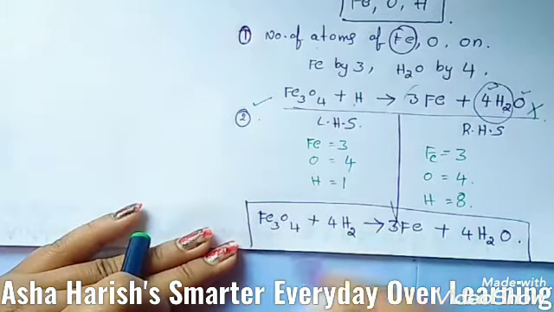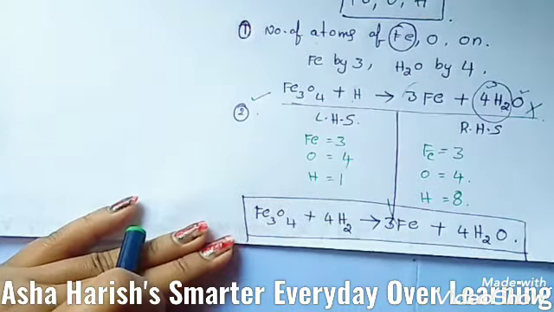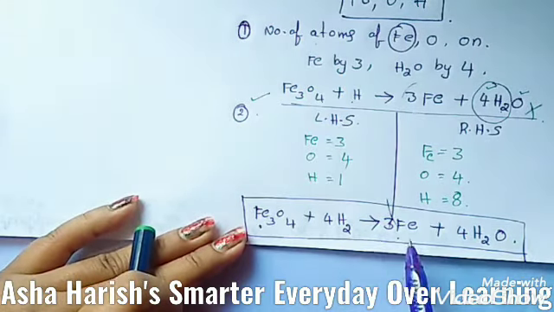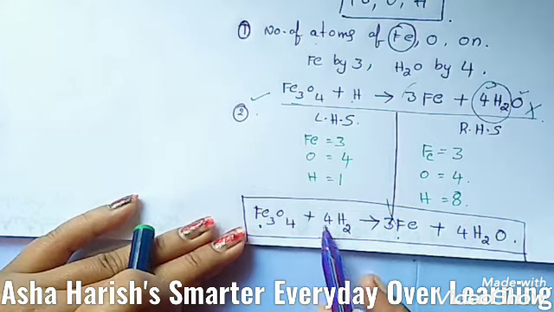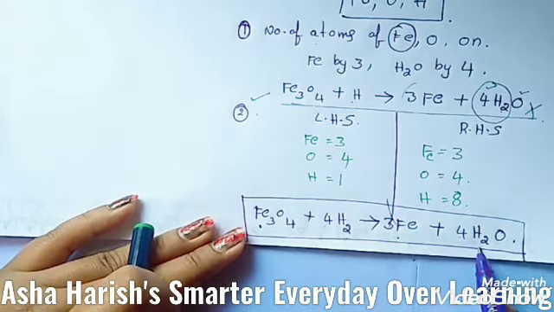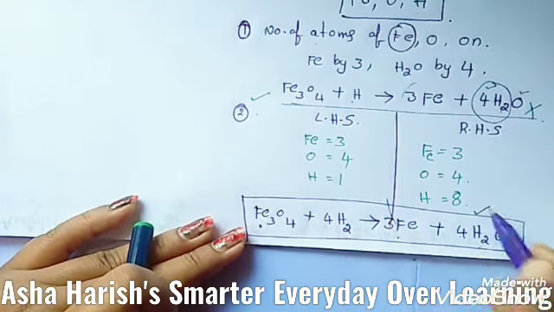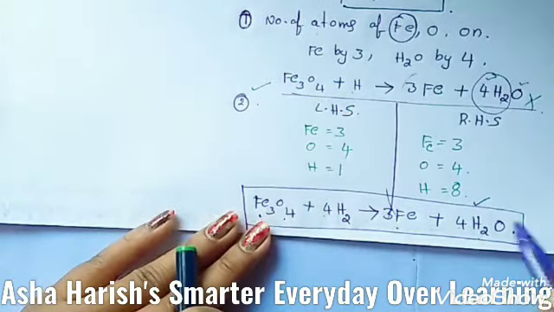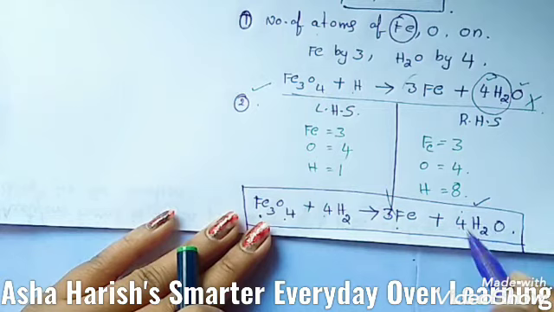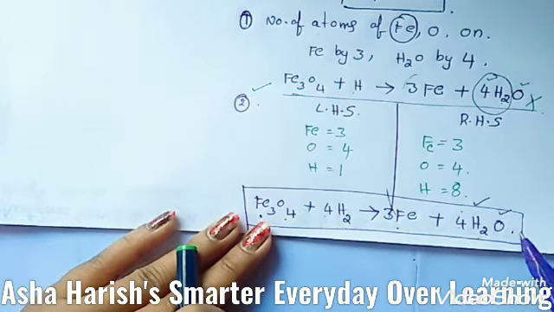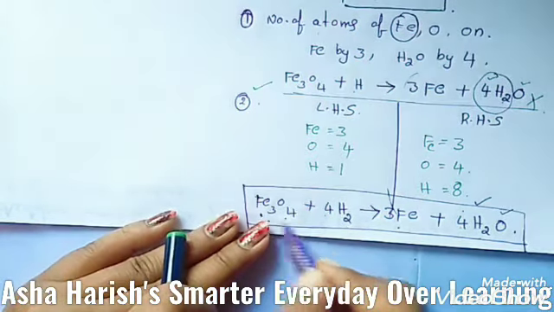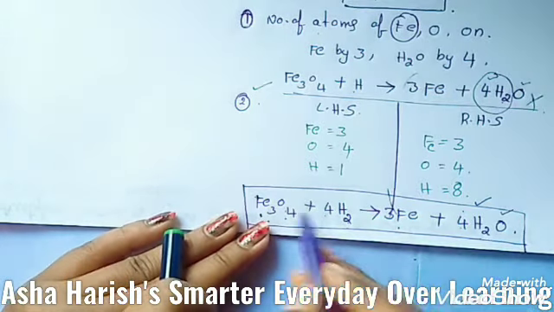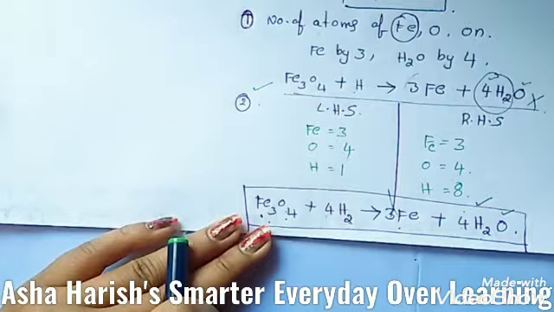Okay, now students, if you count the total number of atoms, iron atoms are 3 here, here also 3, so Fe is balanced. Coming to hydrogen, 4 twos 8, here 4 twos 8, hydrogen is also balanced. Coming to oxygen, here 4 oxygen atoms and here also this 4 belongs to this entire compound, so 4 oxygen atoms. Totally iron, oxygen and hydrogen, 3 elements are balanced. So this is the complete balanced equation.